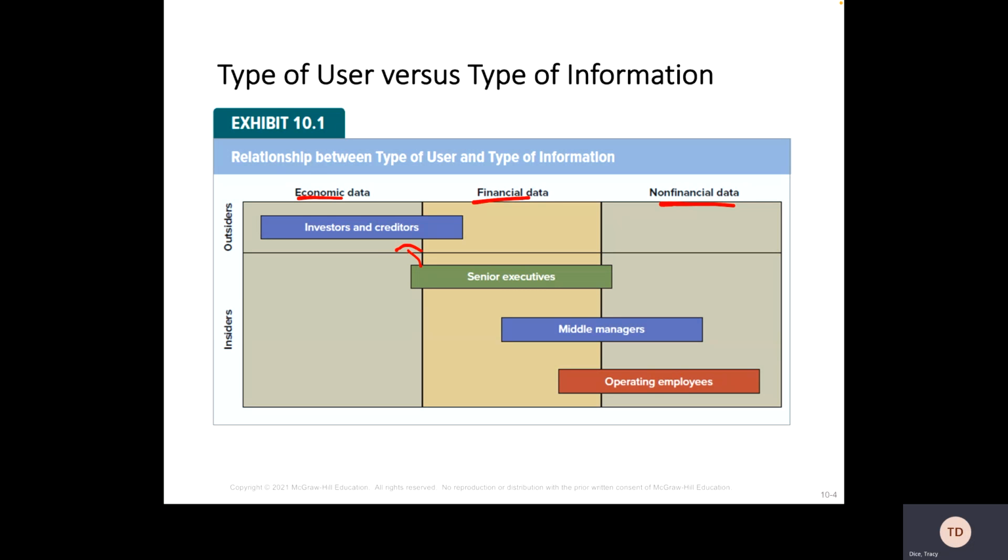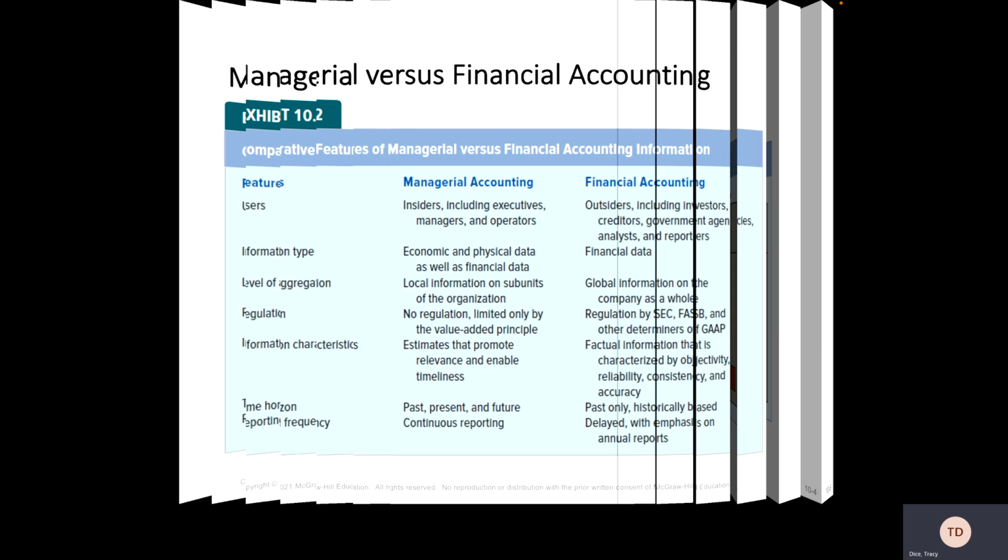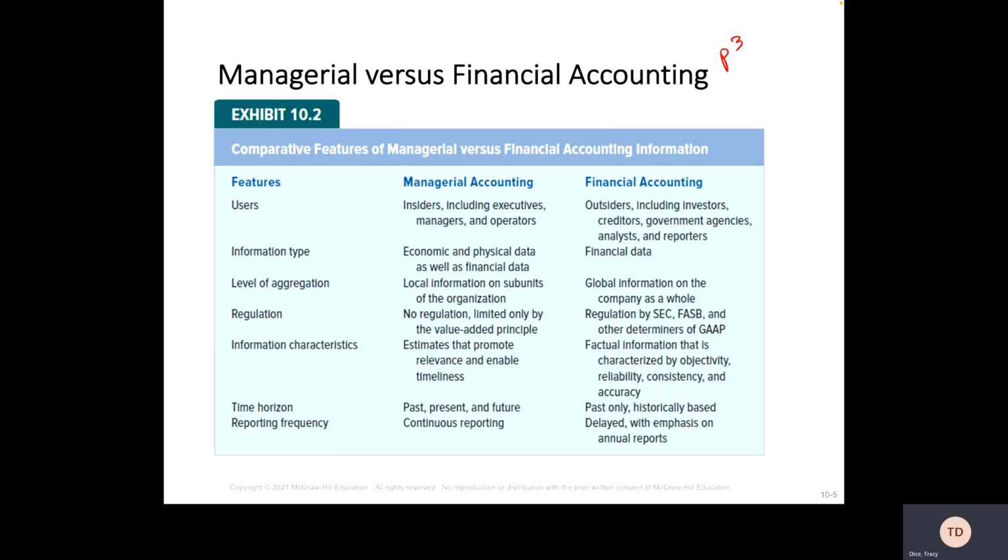Some senior executives cross over, but you're more looking at your investors and your creditors who want that economic data. And this chart is on page 367 of your textbook, and it's just another good key comparative table showing you the key features and how they are shown in managerial versus financial accounting.